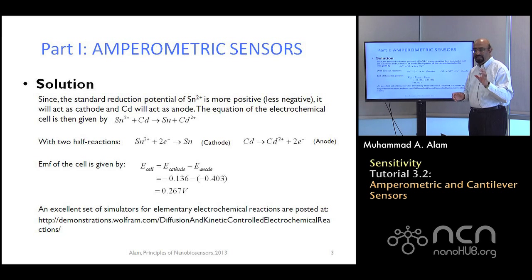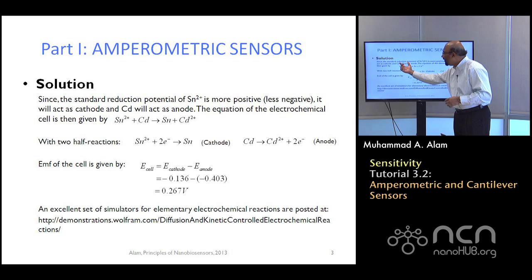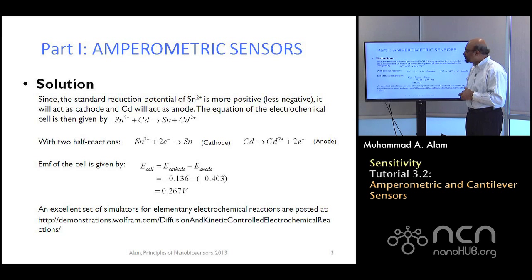So the bottom line is that you always look at this reaction and look at the big table, which has the list of all the reduction potentials. In the chemistry book, you always have to be a little careful whether it's the oxidation potential or reduction potential.